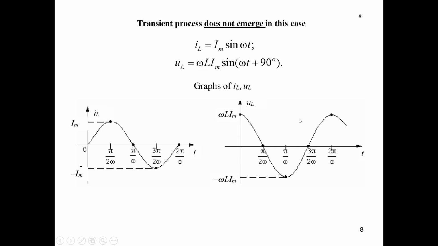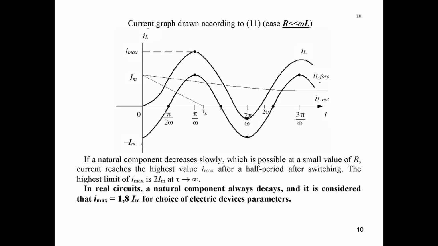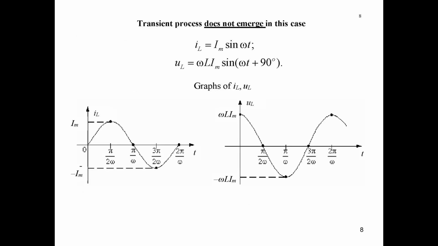So UL will lead IL by 90 degrees, because we have here plus 90 degrees. So it's the most favorable case when we have not any transient processes at all. It's the first extreme case, the best, and then let's consider the next case.